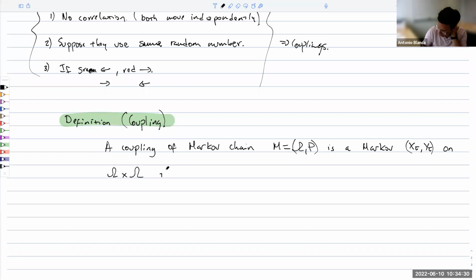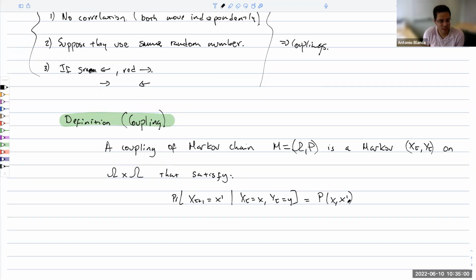And what it needs to certify is that each copy, X_t and Y_t, is a valid realization of M. So how do we ensure that? We say that the probability that X_{t+1} equals X prime, given that X_t is X and Y_t is Y, is the probability of going from X to X prime.